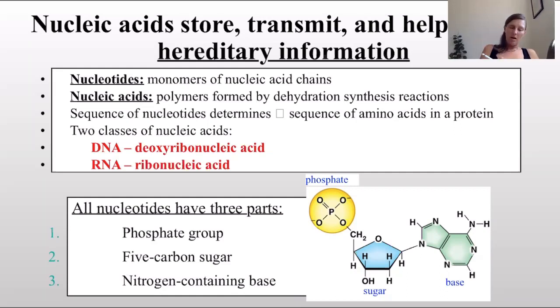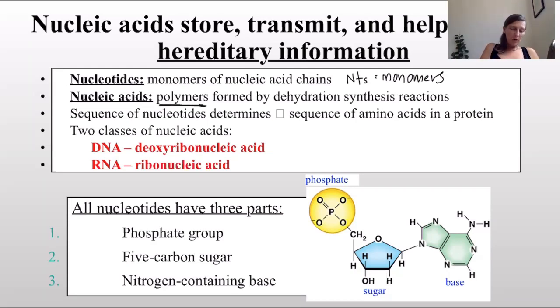They are made of nucleotides. So nucleotides, and I usually abbreviate that with an NT, are the monomers, right? Those are the monomers for nucleic acids. The nucleic acid is the polymer. And again, just like all of the others, they're formed through dehydration synthesis reactions.